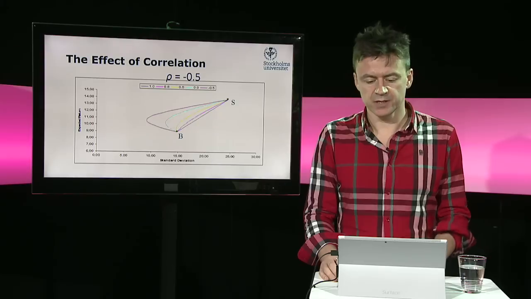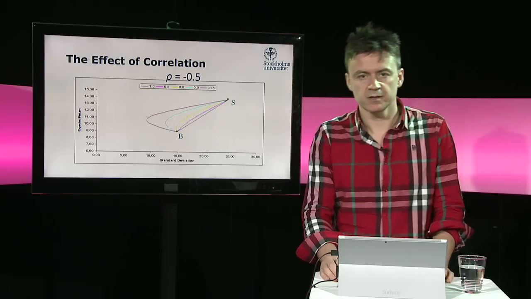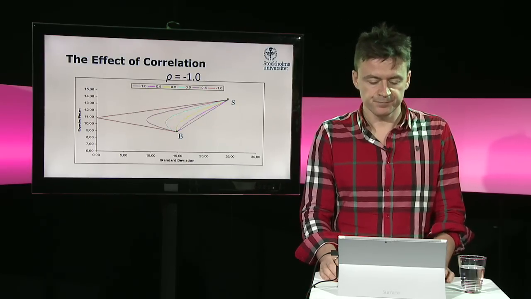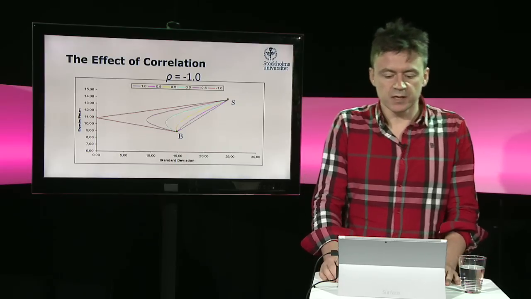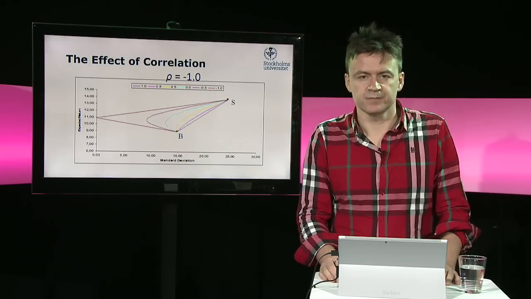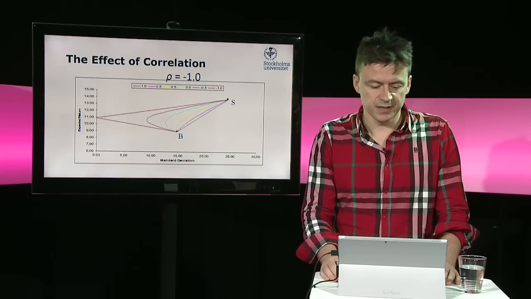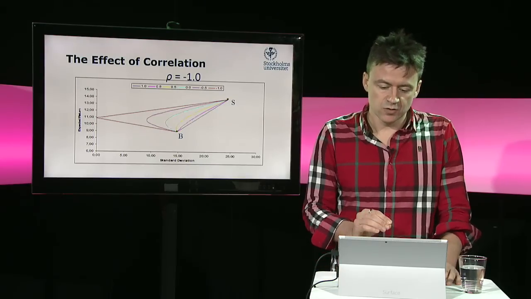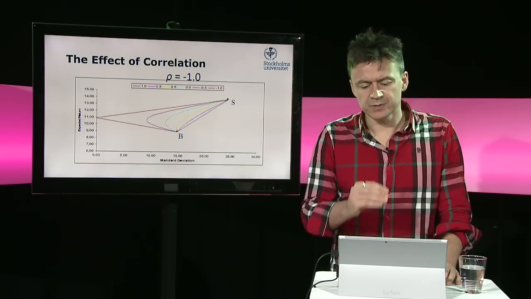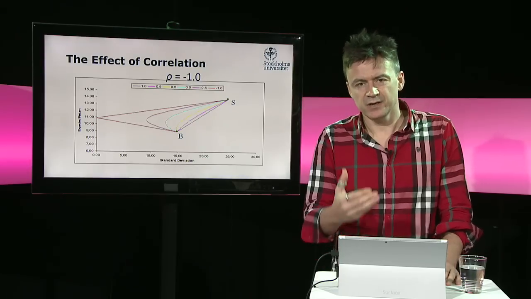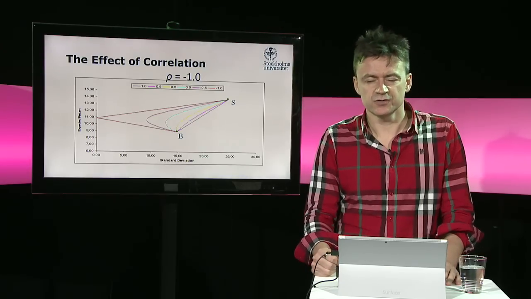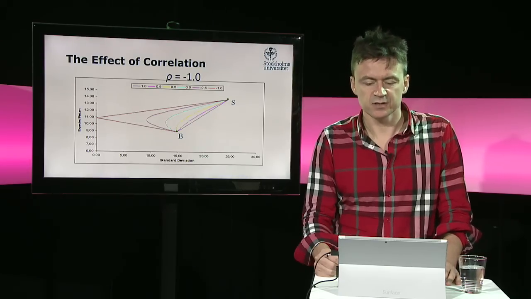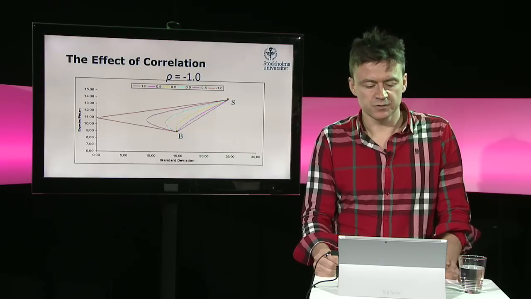Now, the most extreme case is the one that we obtain when we assume a correlation of -1. This, once again, is hardly the case in reality. But what happens in that case is that we can actually reduce the variance down to 0.